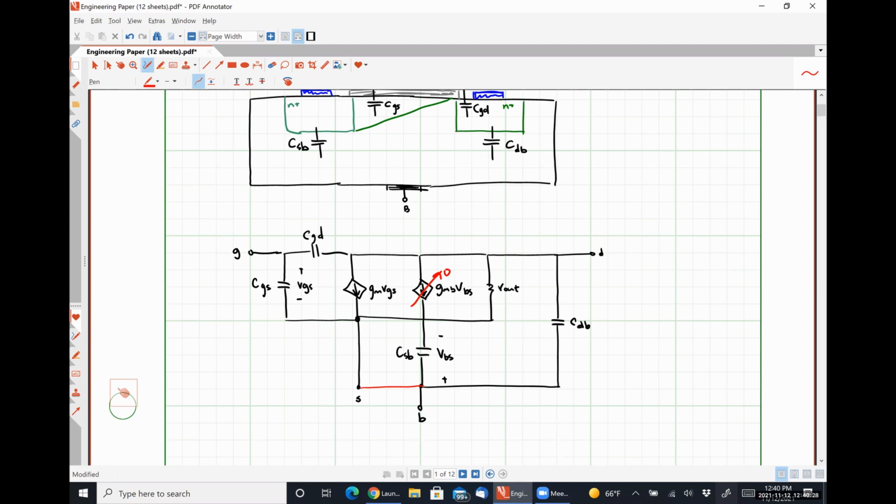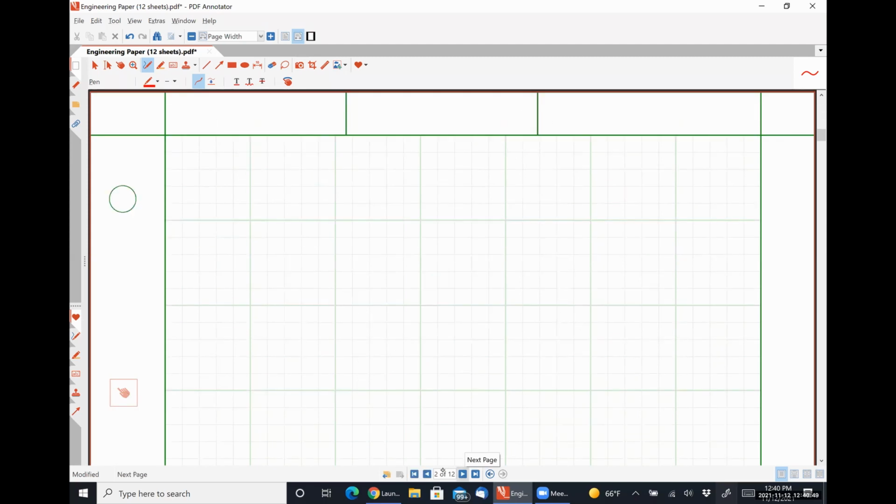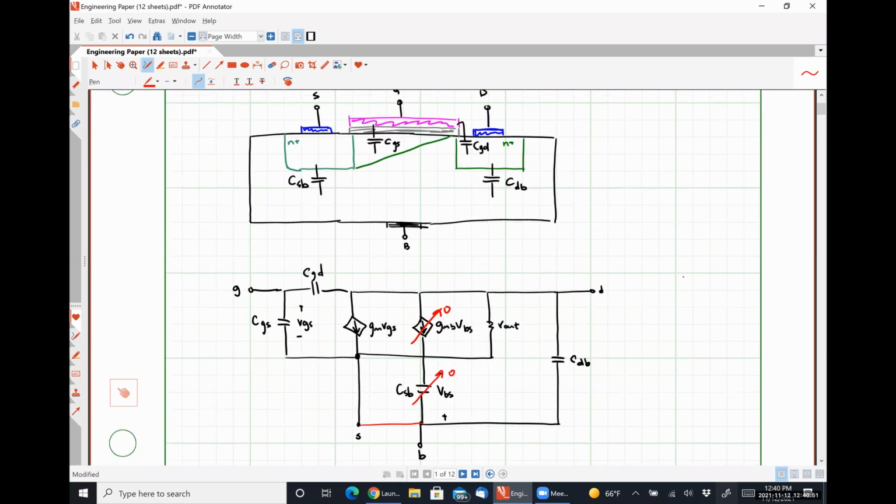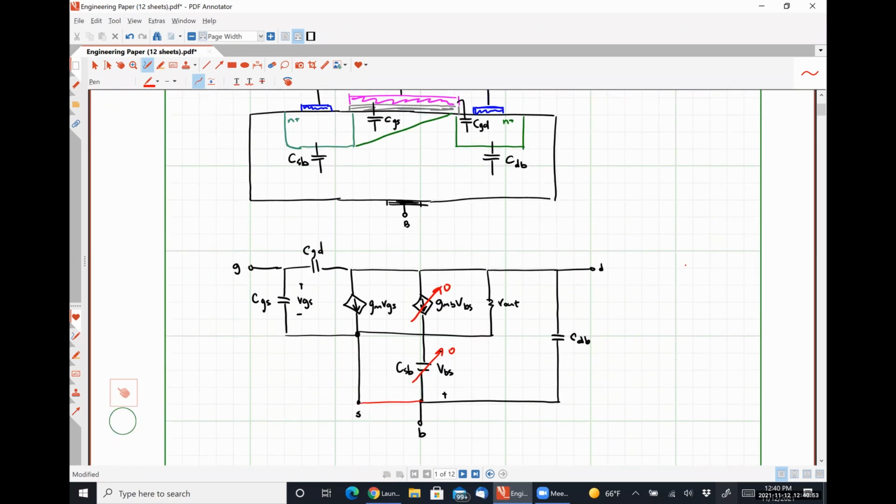And since those terminals are shorted together, that means CSB is shorted out. So we'll only have CGD, CGS, and CDB to account for all of the transistors in our model. I guess I should give you guys more than 2 seconds to write things down.